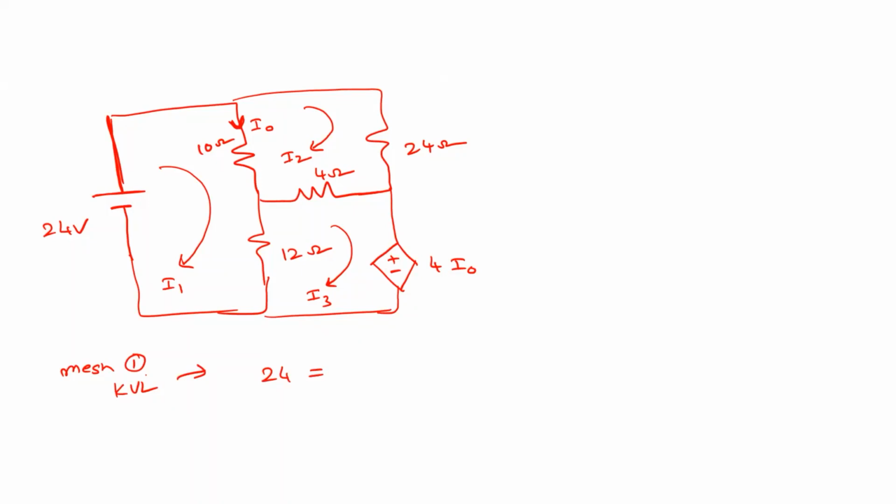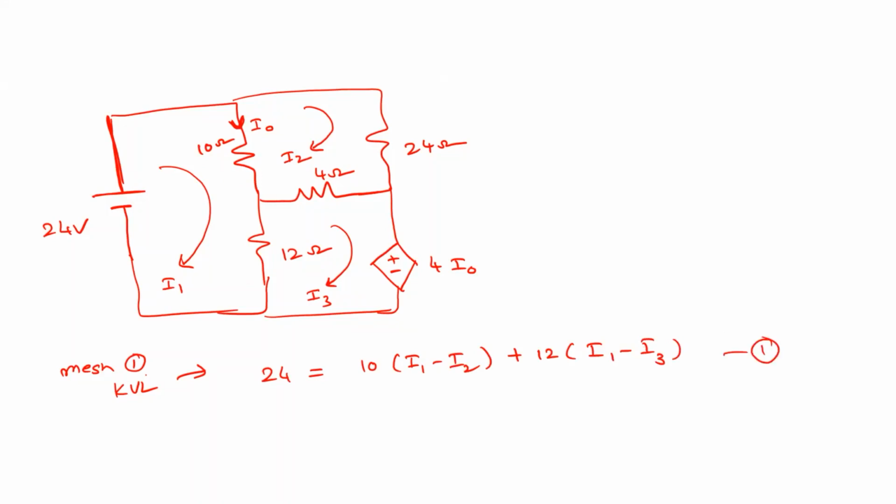What is the current in this 10 ohm resistor? I1 minus I2. Plus, what is the next element? 12 into I1 minus I3. So the equation is 24 equals 10 into I1 minus I2 plus 12 into I1 minus I3. Good. Say this is equation 1.